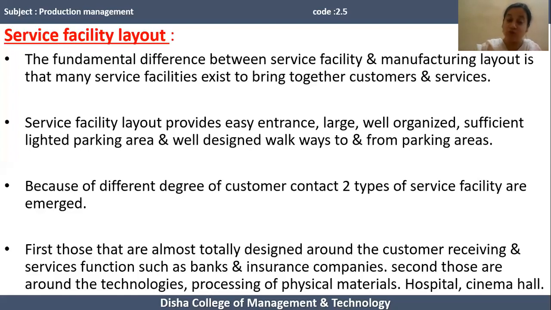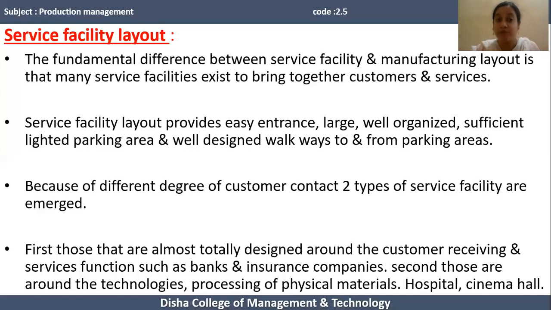By using a particular service facility layout, the bank can identify where the customer receiving area should be, where the waiting room should be, and where the different sections should be: the deposit section, the withdrawal section, the account opening section, and other sections.